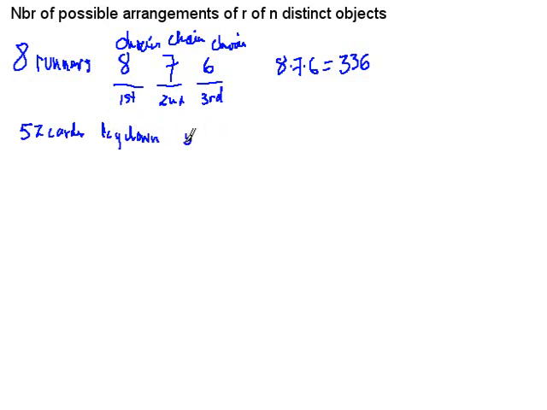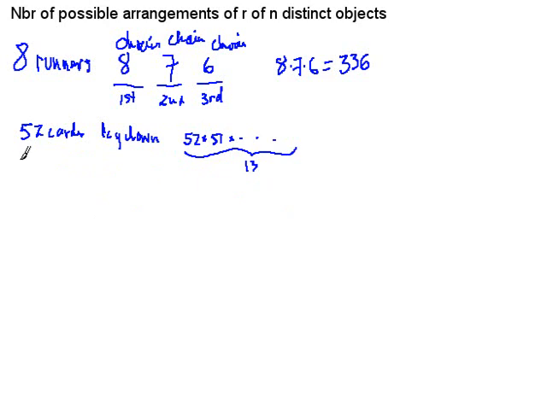Well, I certainly don't want to have to multiply 52 times 51 times, well, I'd have to do this 13 times. Okay, that's going to be really awkward to try to write down. So what we need to do is to find some kind of better terminology or notation that we can use so we can calculate these numbers in a little easier fashion.